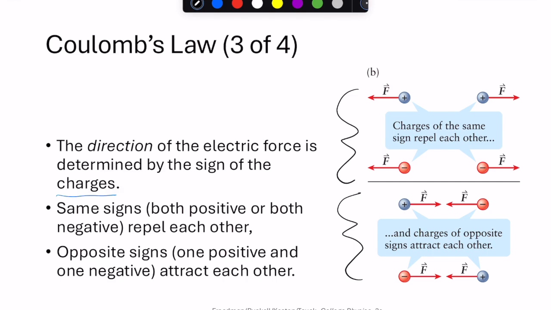So you can see that for this charge, since this one is positive, the force is going to point directly away from the other charge. So what does directly away mean? Directly away is a very important phrase, as is directly toward. Let me describe what I mean by that. It's a straight line path. You connect the two charges with a straight line, and then that force vector will follow that line, directly away.